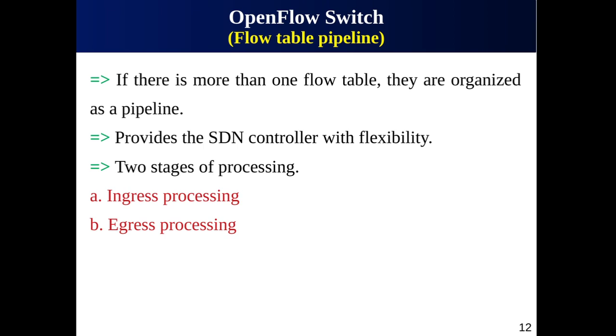And for that, the tables need to be labeled with numbers starting from 0. This pipelining concept provides the SDN controller flexibility. That is the beauty of using the pipelining approach in SDN. You know the concept of pipeline: several tasks are executed in parallel.